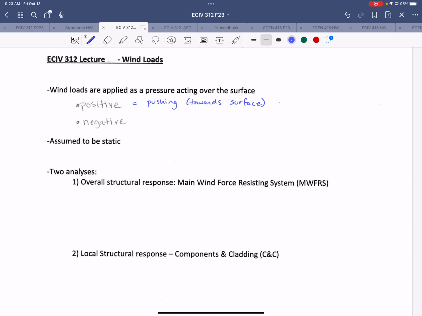And we have negative pressures, which represent suction and always act away from the surface. All right, so these loads, as I mentioned earlier, we assume them to be static for most of our analyses here. In reality, they are continuously changing.